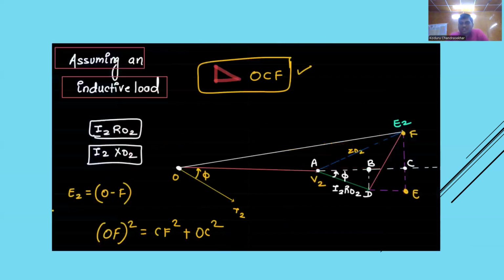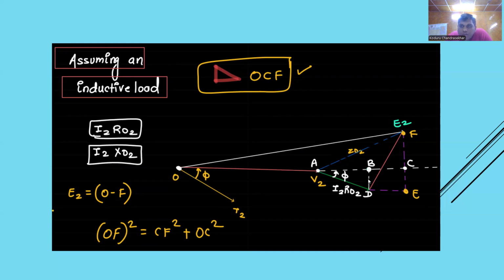So coming to the derivation of the formula for the voltage regulation, first we'll draw a horizontal line V2, which is taken as a reference. If we are assuming an inductive load here, the voltage always leads the current. So I2 will be drawn below V2, and the phase angle here is phi.